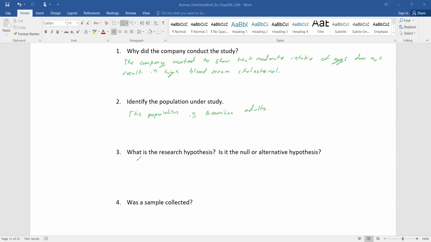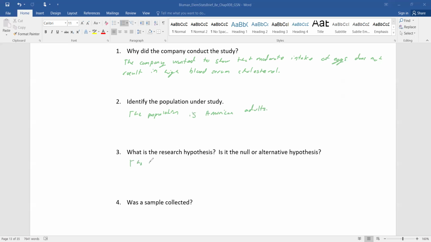So number 3, what is the research hypothesis, and is it the null or alternate hypothesis? What we can see is that the research hypothesis is that eating eggs in moderation does not increase a person's blood serum cholesterol. This would indicate the null hypothesis, and the alternative hypothesis states that eating eggs in moderation does increase blood serum cholesterol.